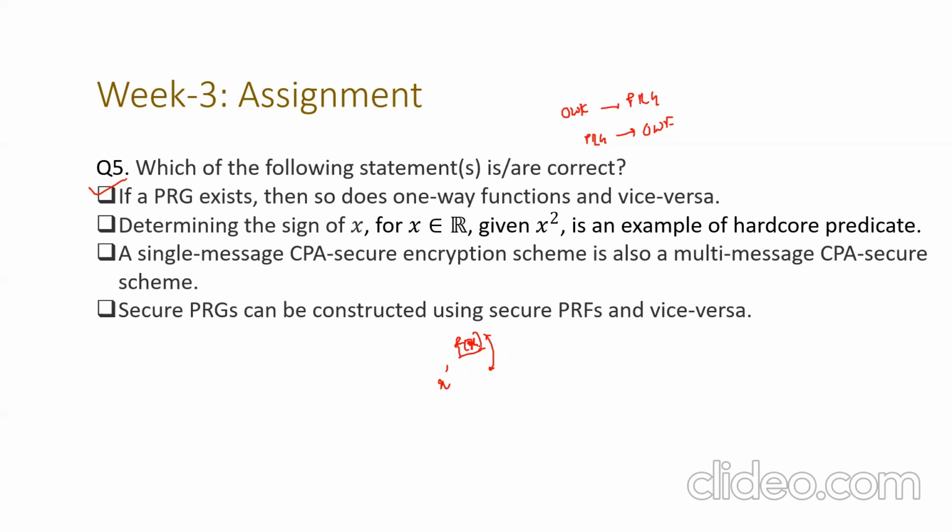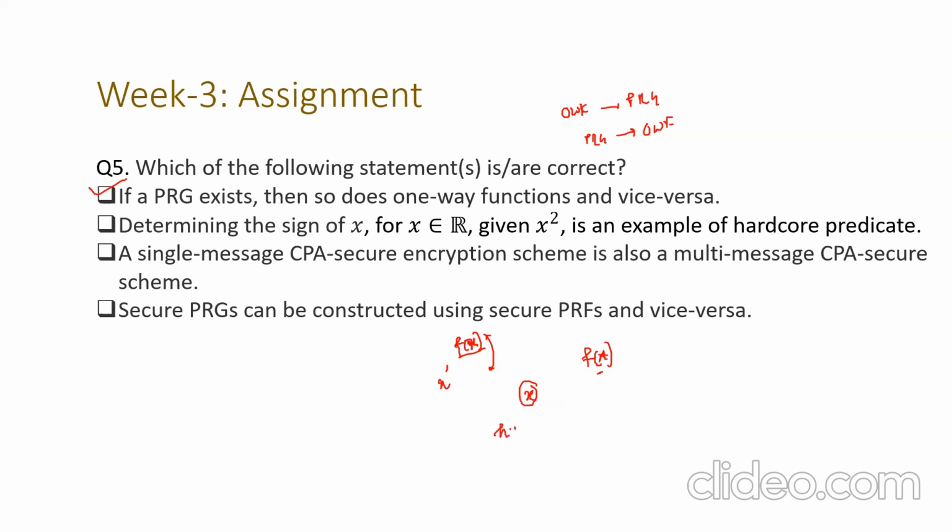Here you need to guess the whole value of x. But in the case of a hardcore predicate, given f(x), there can be a case where an attacker cannot determine the whole value of x in its exact form, but there can be some function of x which can be easily retrieved by seeing f(x), partial information about x.